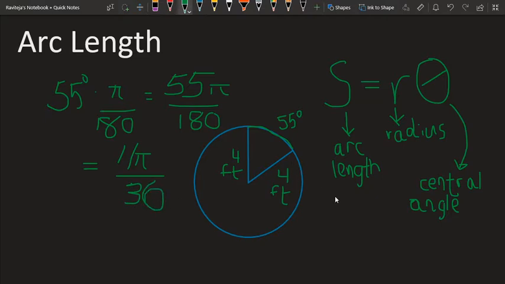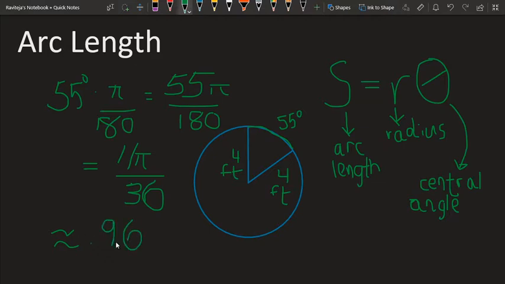So now that we have 11 pi over 36, all we want to do is actually solve for what it equals. So we get a calculator. We do 11 pi over 36, and that equals approximately 0.96.